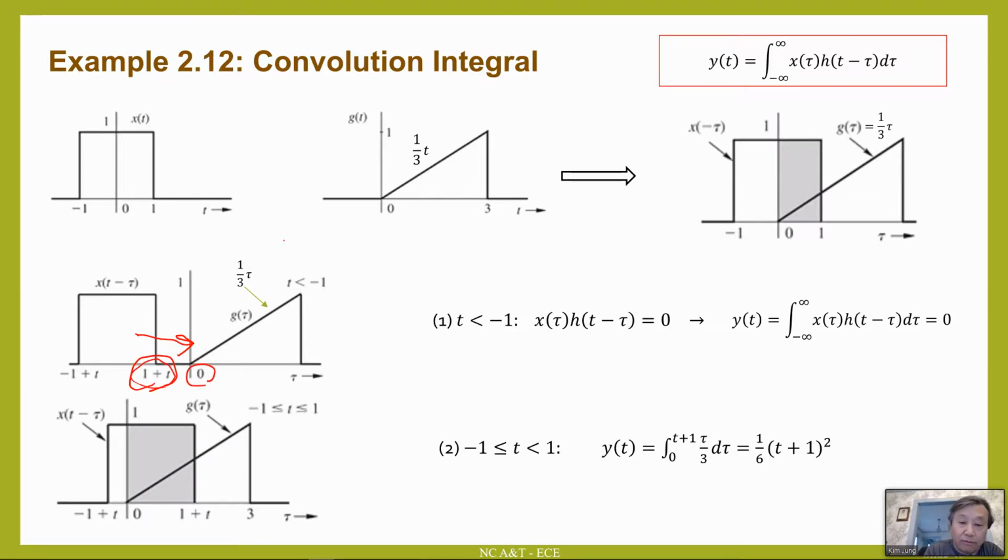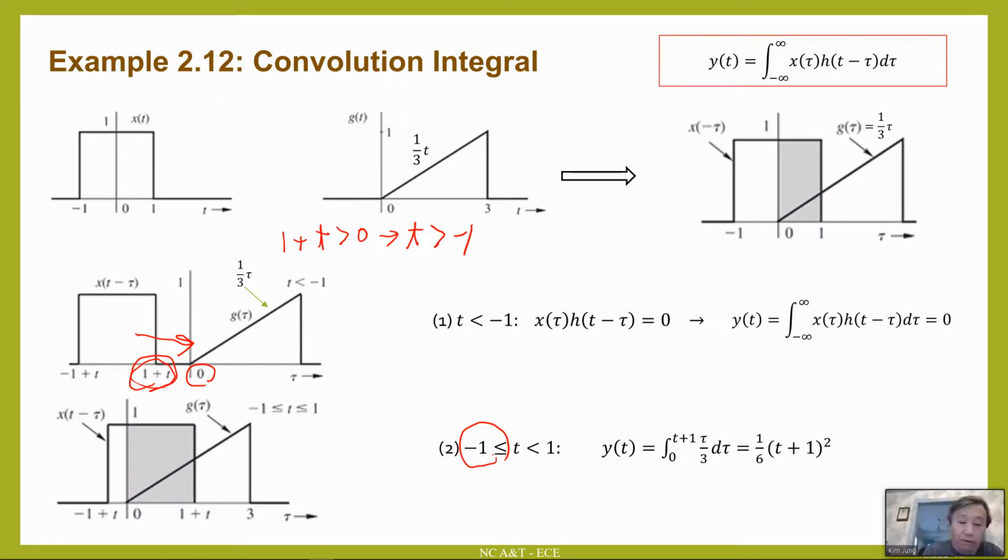So 1 plus t is greater than 0. Then t is greater than -1, which is this guy. You got that?